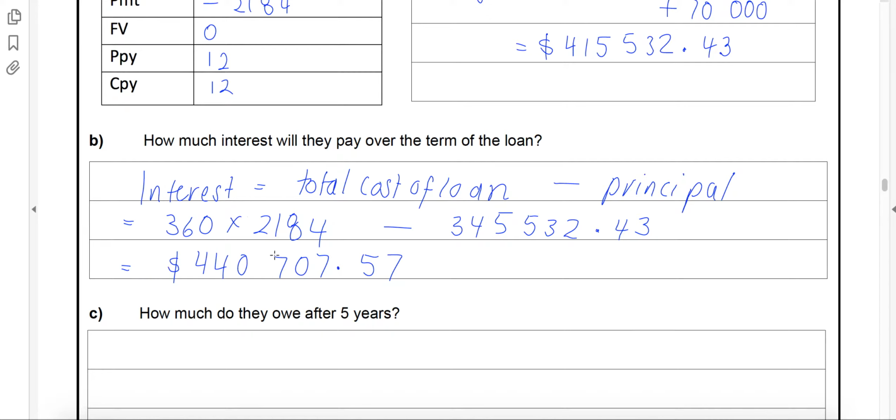Now, this is pretty normal, especially given house prices these days, which are substantial, and the inability of a lot of people to front up a very large deposit means that people are borrowing a lot more money, and it means that over time, especially with a long loan period like this, you are spending a lot on that asset over time.